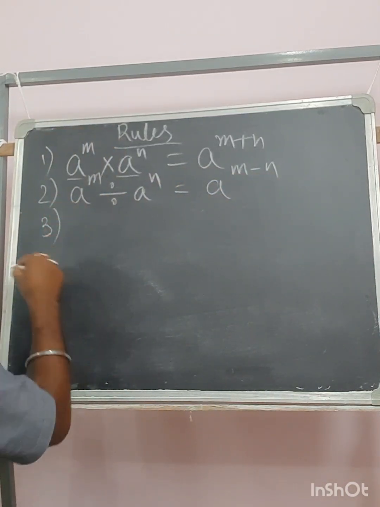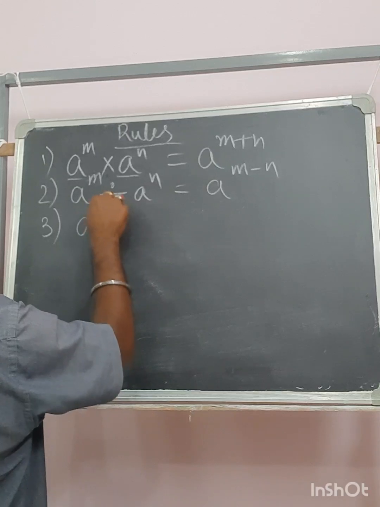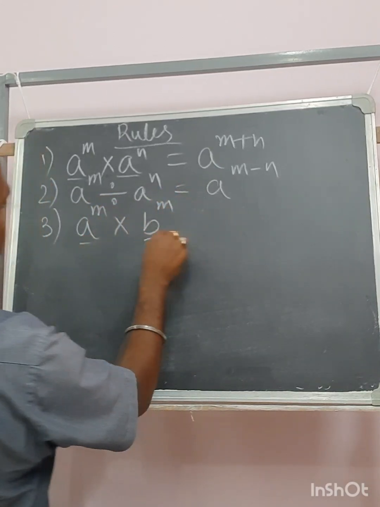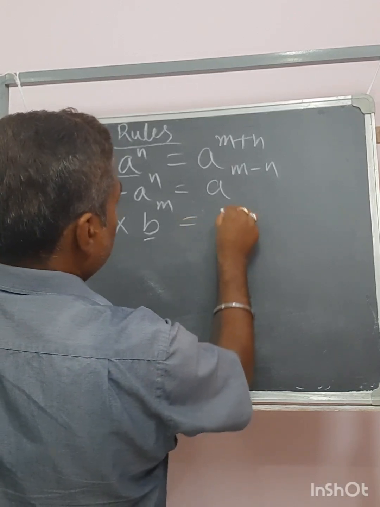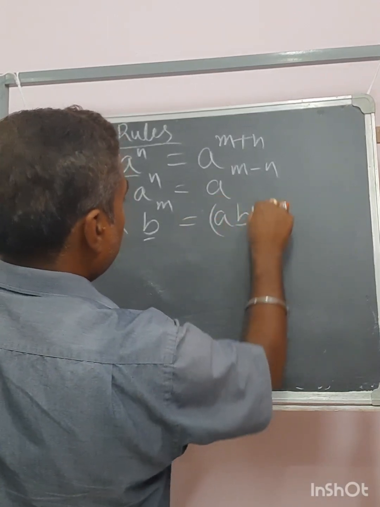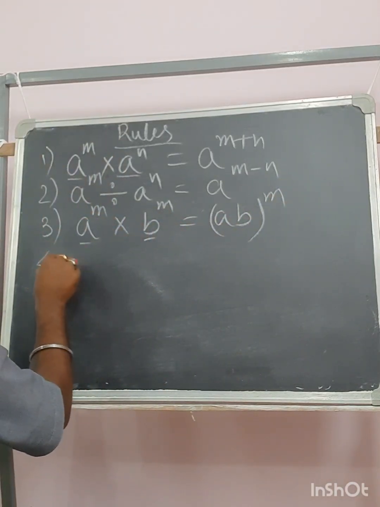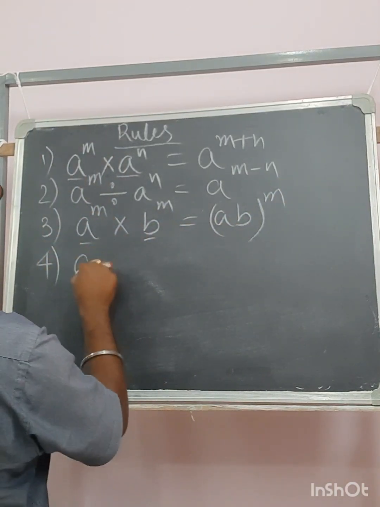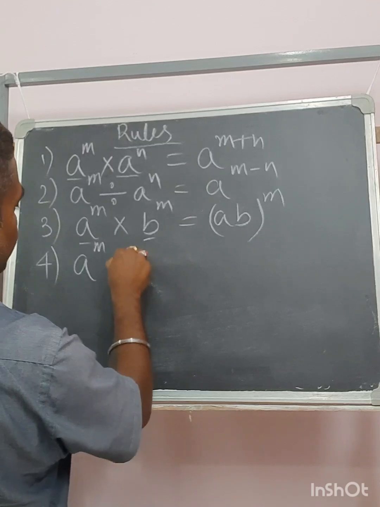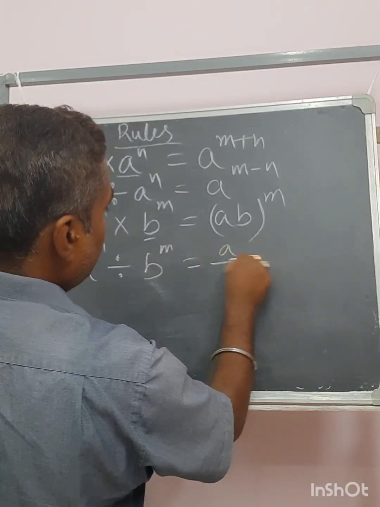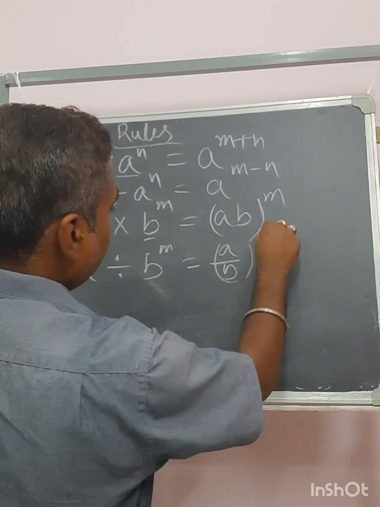Third, if the bases are different, meaning the integers are different, then it is nothing but ab whole to the power m, where the powers are the same. Fourth, a to the power m divided by b to the power m, I will write as a by b whole to the power m.